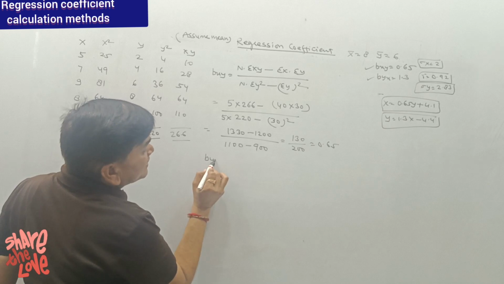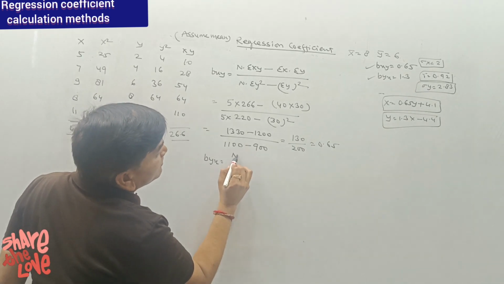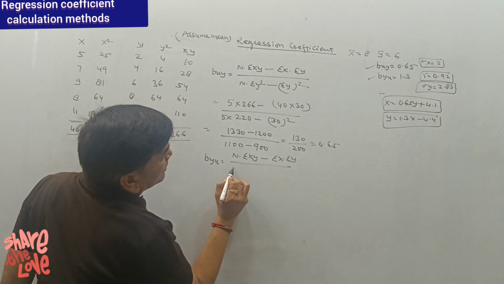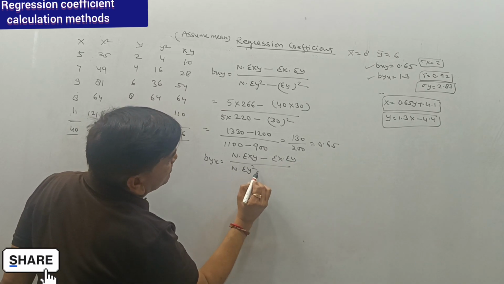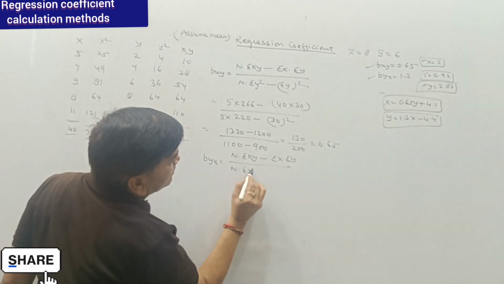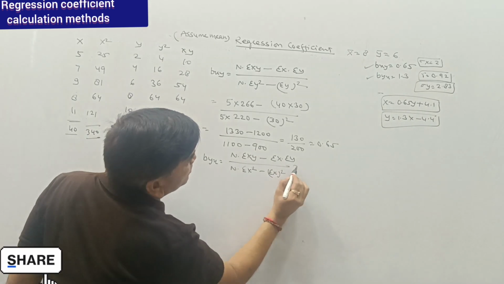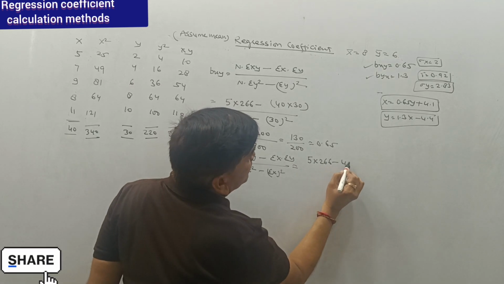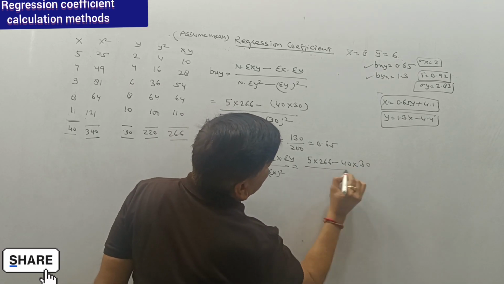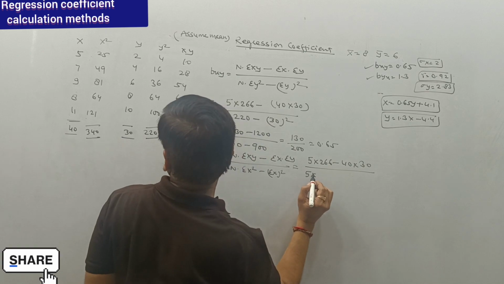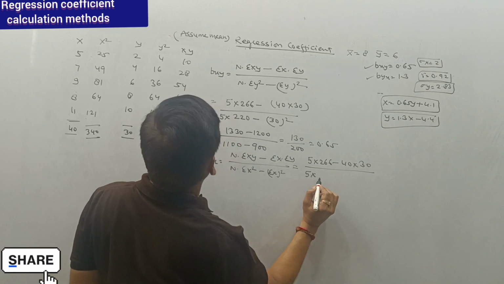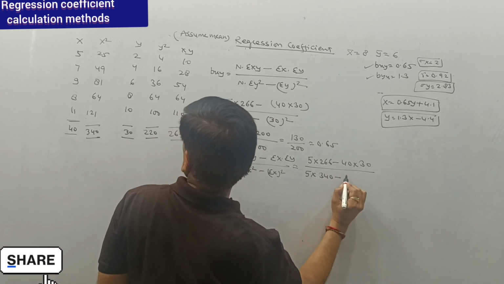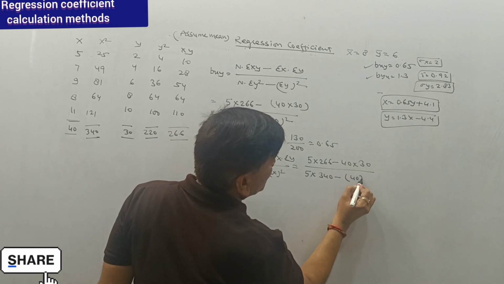For byx, that is n multiply sigma xy minus sigma x multiply sigma y upon n multiply sigma x square minus sigma x raised to power 2. So 5 multiply 266 minus 40 multiply 30, divided by 5 multiply 340 minus 40 raised to power 2.